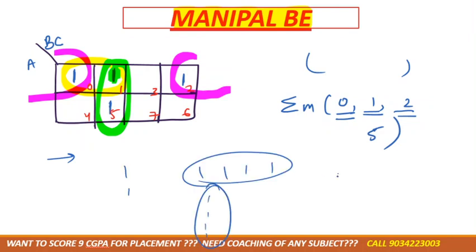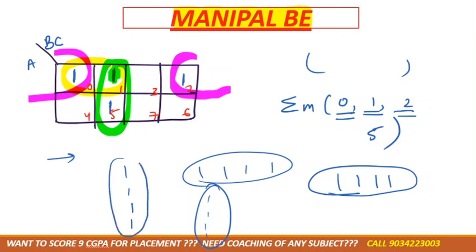If you have 2 1s or 4 1s sitting horizontally, they'll become a pair. If 4 1s are sitting vertically, they'll become a pair. If 2 1s are in the same column or in the same row, they'll become friends. Okay, pair. So in this, these two 1s are sitting vertically, they'll become a pair.